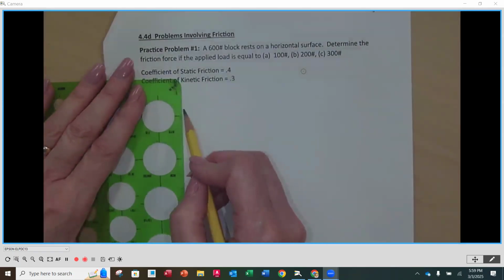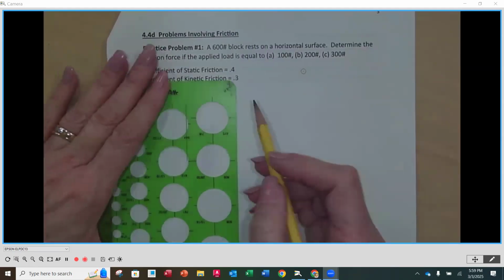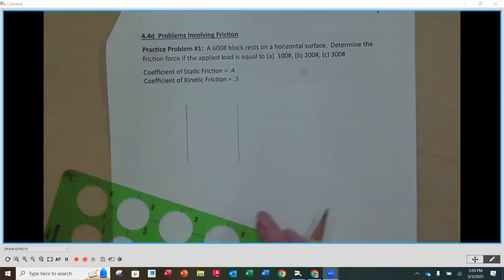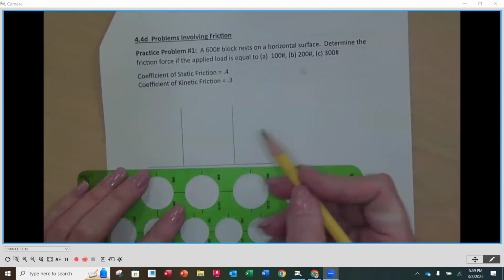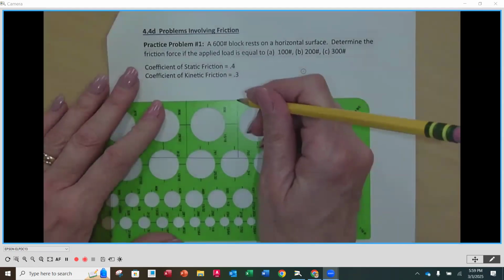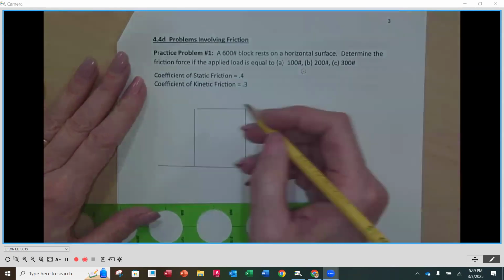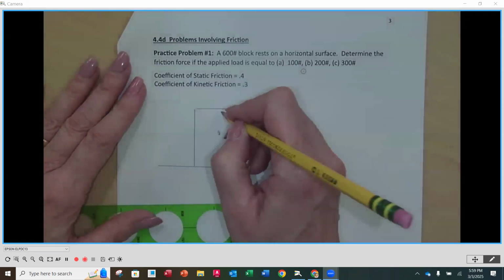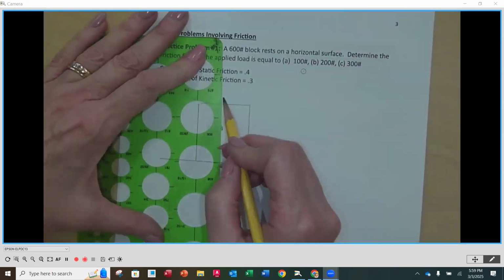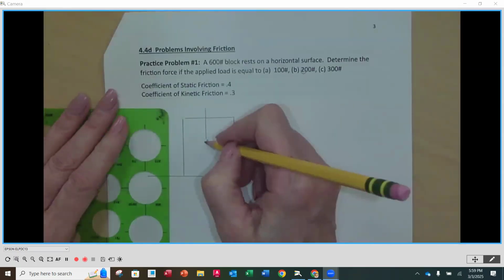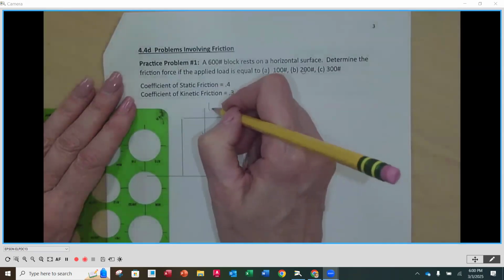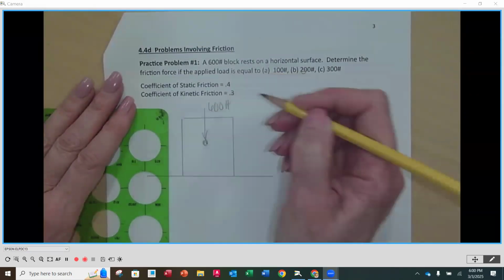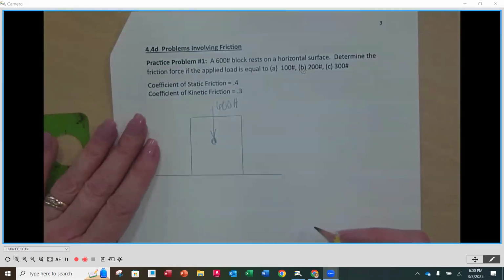I'm just going to draw a simple block on a surface. And that block is going to have a weight in the middle, and it's 600 pounds.